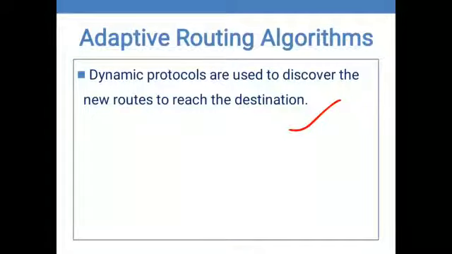That will be discovered by this adaptive routing algorithm. That's why this is not a constant path. A constant route is not found by the algorithm. Here, based on the conditions, each packet is transferred, and based on the topology, the routing table is updated every time.